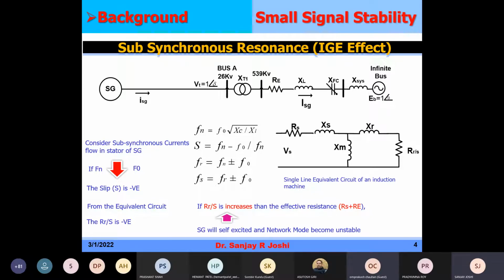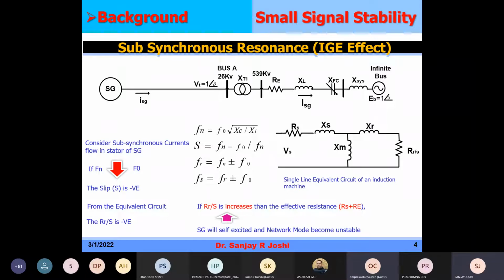Similarly, in this kind of power system also, because of the inclusion of the series capacitor, there will be some network mode frequency. Whenever there is a disturbance, and we know that in a power system changes are continuously occurring, the current at the resonant frequency will always be initiated.